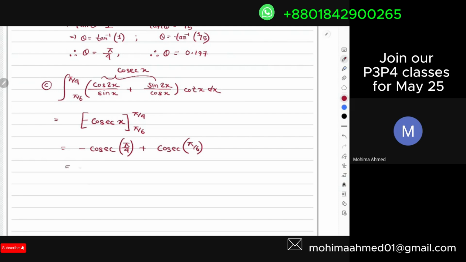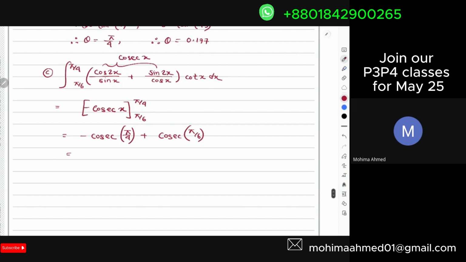So that will give you the value. How will you calculate this? You'll calculate this as 1 by sine, right? So you actually have 1 by sine pi by 4 and 1 by sine pi by 6.